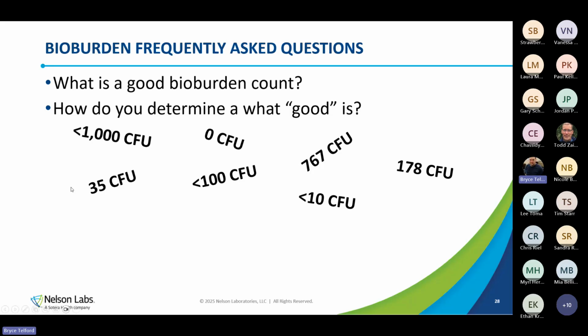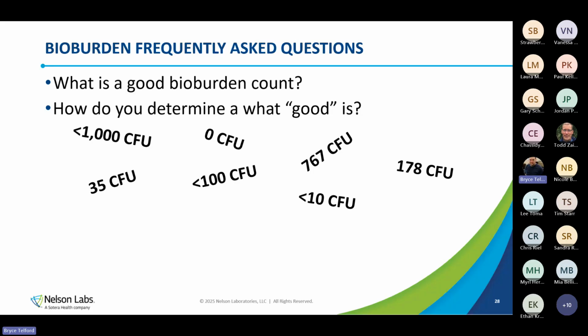So when I see something like 35 CFU, that really doesn't trigger anything for us. So it's very important that you set alert and action levels that matter to you. We, the laboratory, can't really interpret what is and isn't a good bioburden because it does depend so much.